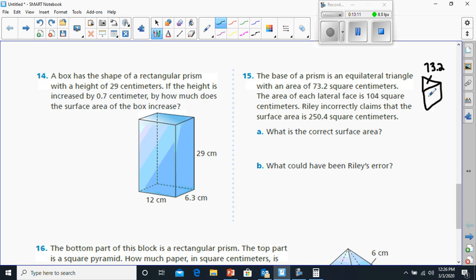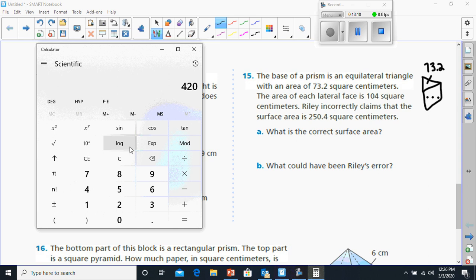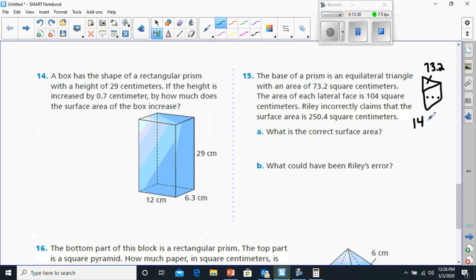So I've got to find out what this, that means it's 73.2 times 2. And that's going to give me 146.4. That's just for the triangles now.